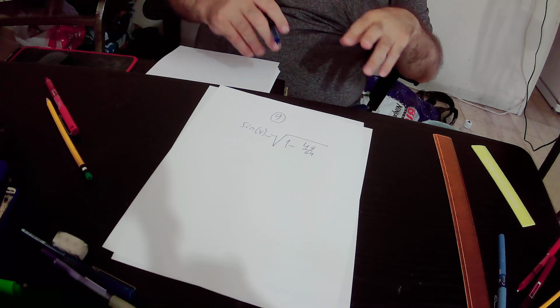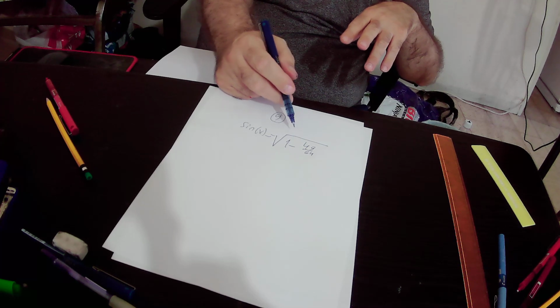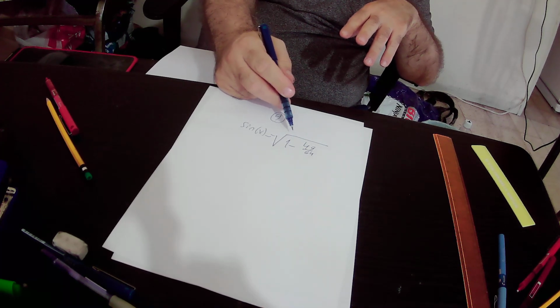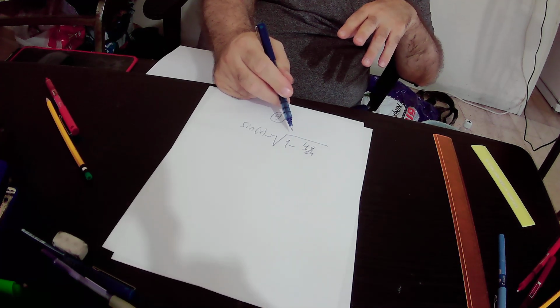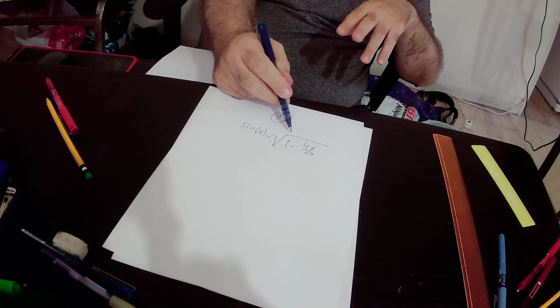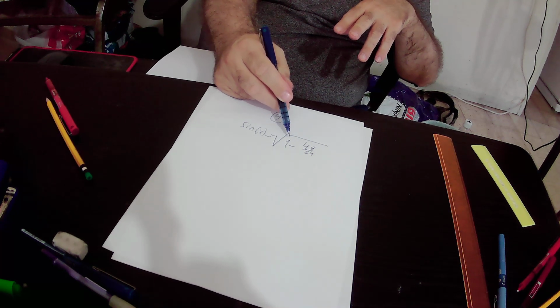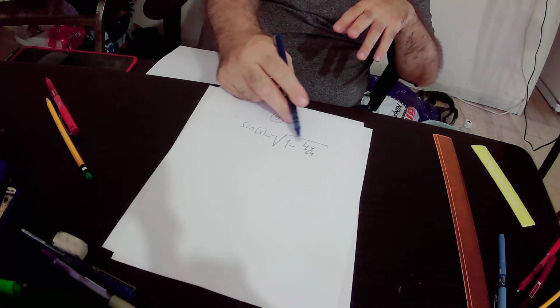Here we will take a common factor of 64, or in other words, instead of 1 we will write 64 over 64, so that 64 will be the common factor.